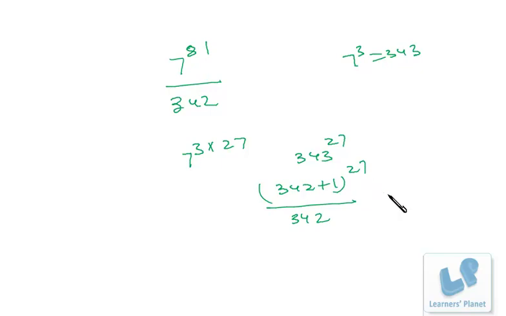Now what's 1 raised to 27? That's 1 only, right? So if 7 raised to 81 is divided by 342, the remainder will be 1 only. Okay, so very simply you have applied this logic, but apply the logic only when you are algebraically or logically clear. Now if any twisted problem is asked, then also you'll be able to solve.